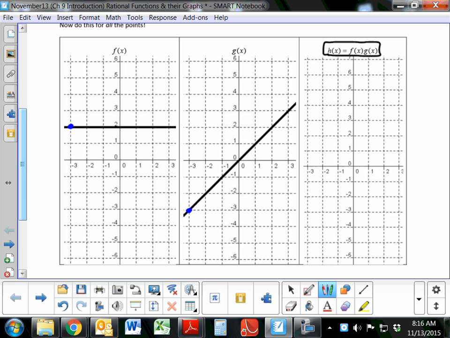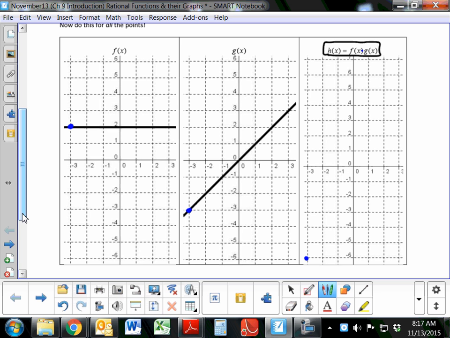Negative 3. Okay. I want you to multiply together the two heights, 2 and negative 3. Negative 6. Okay. I get a negative 6, so I want you to go to h, which is supposed to be f times g. Since you just multiplied f times g together and told me negative 6, I want you to go to the same x location, negative 3, and put a point at negative 6. Wow.